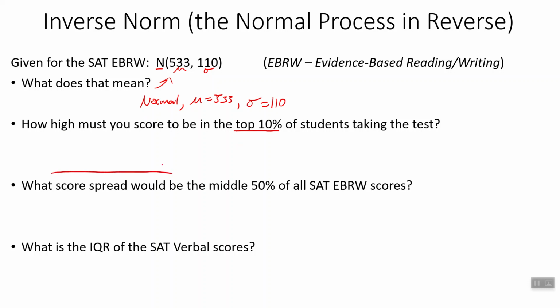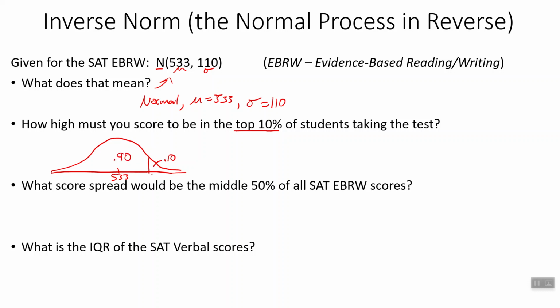All right, so I always like to draw the curves with these guys because it helps me picture what's going on. Even if my curve doesn't look great, that's okay. So here's 533, and we want to be in the top 10%. So that means we want this to be 10%. So that means the area below it will be 90% or 0.90.